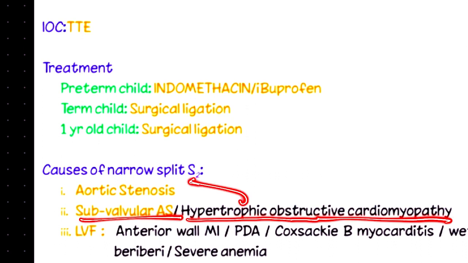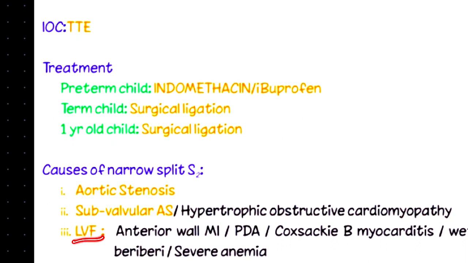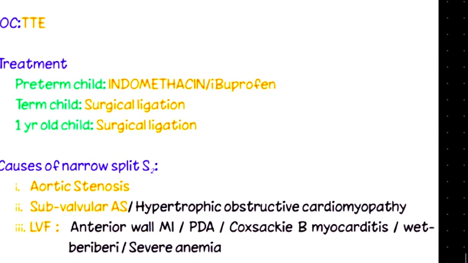Similarly, under left ventricular failure we studied patent ductus arteriosus, and also anterior wall myocardial infarction, Coxsackie B myocarditis, wet beriberi in alcoholic condition, and severe anemia. So these are the conditions in which we find a narrow split of S2, with less than 30 milliseconds gap between aortic valve closure and pulmonary valve closure.